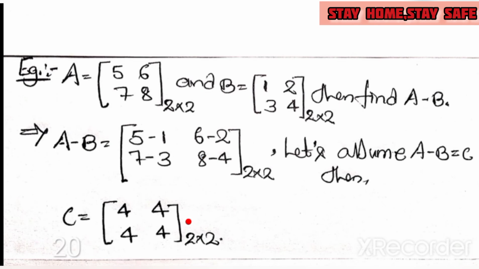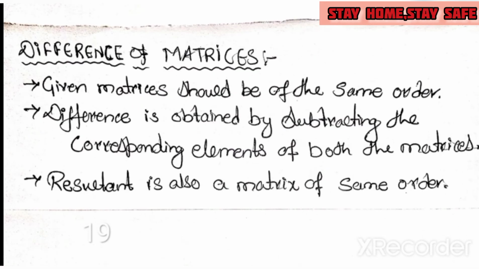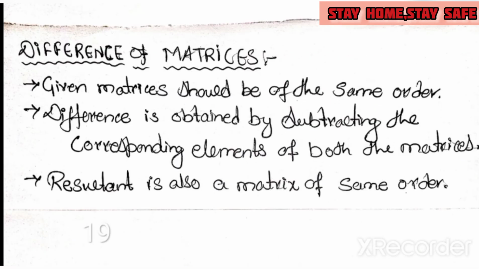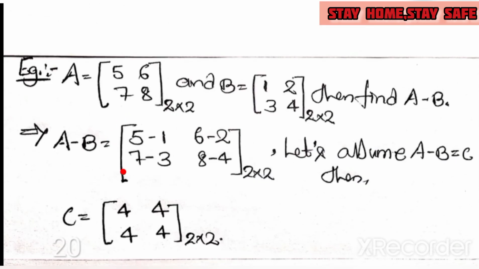So we can say that the resultant is also a matrix of the same order, 2 by 2, as given in the question. They are both of the same order, as the first condition itself says that the given matrices should be of the same order. And the difference is obtained by subtracting the corresponding elements of both the matrices, and then we get the resultant.